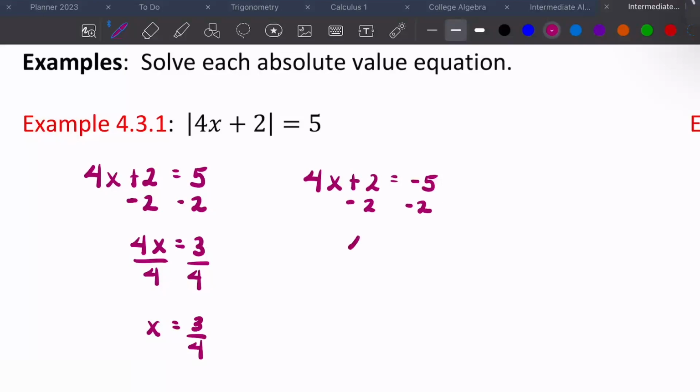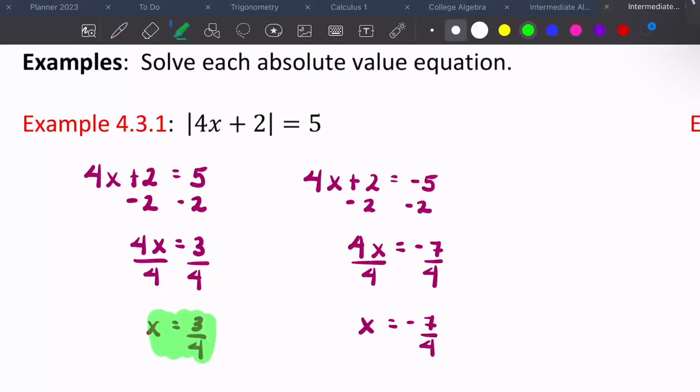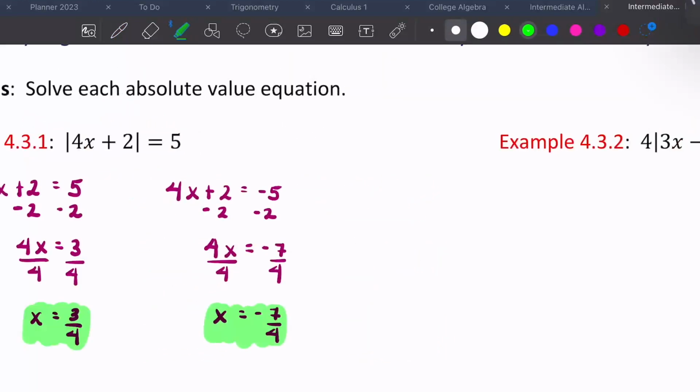But this time we're subtracting 2 from -5, so we get -7, divide by 4. So we have 2 answers. X equals 3/4, and it equals -7/4. So drop the absolute value bars, positive and negative.